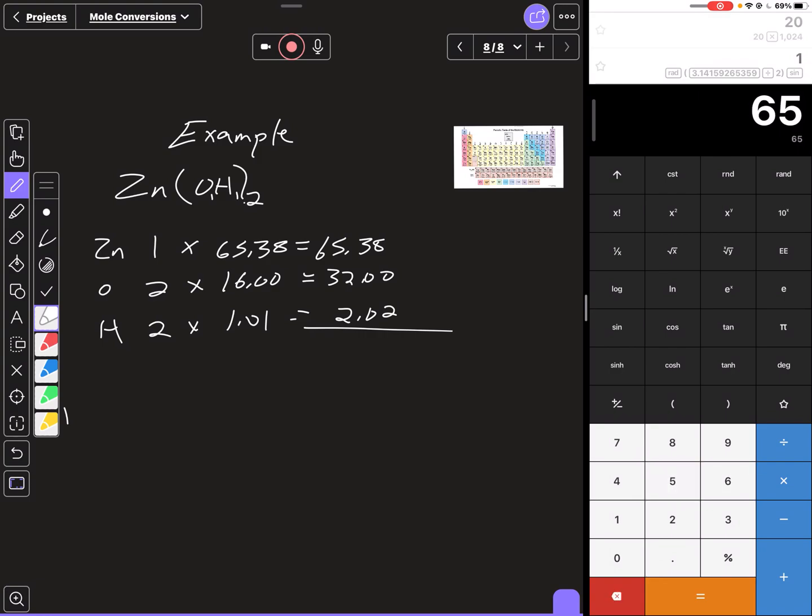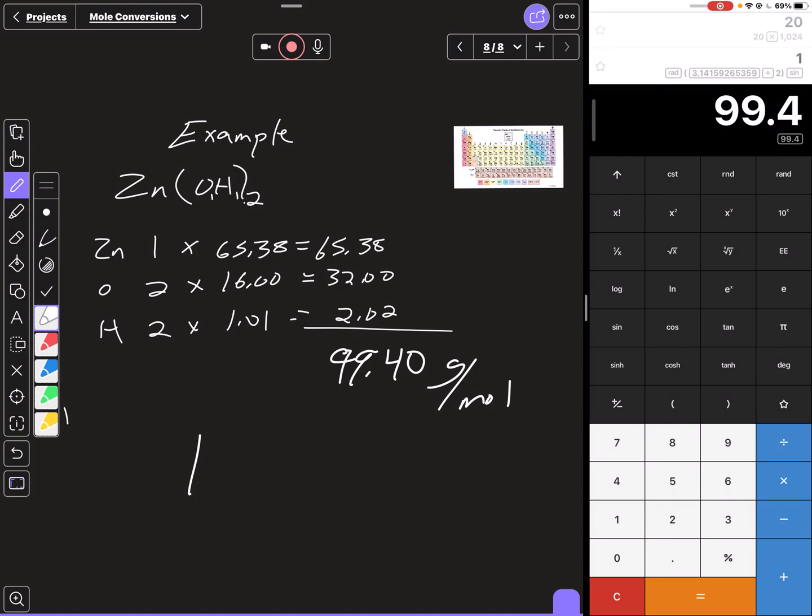So that'd be 65.38 plus 32 plus 2.02. That equals 99.4. So going to 2 decimal places, 99.40 grams per mole.